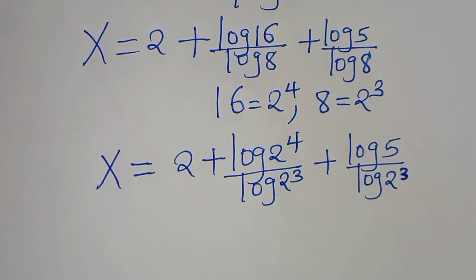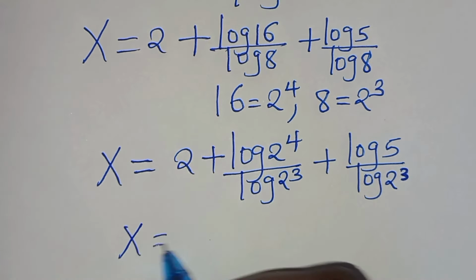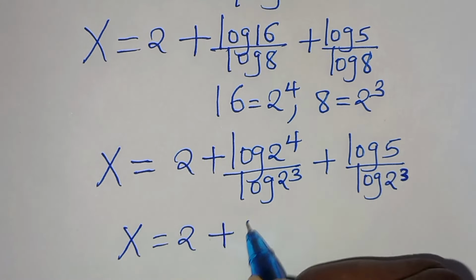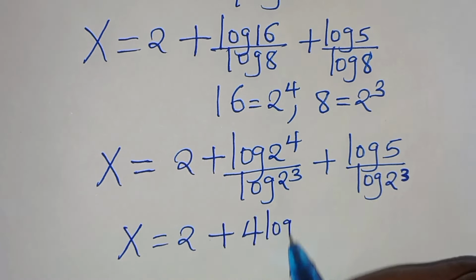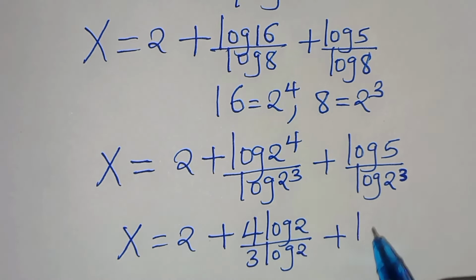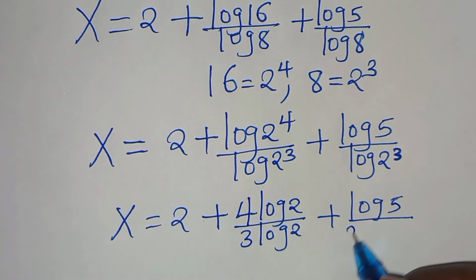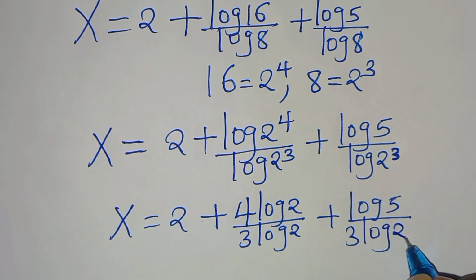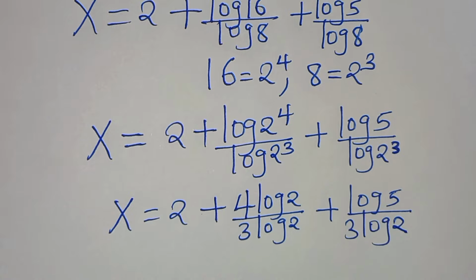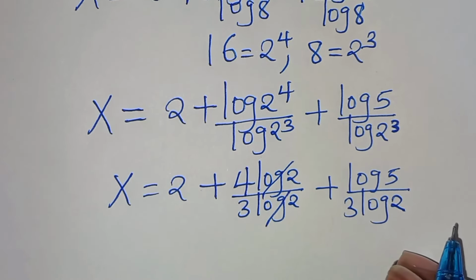Now, applying the power rule property again here, then we can express x as 2 plus, now here we have 4 log 2 divided by 3 log 2, then plus log 5 divided by 3 log 2. So the next step from here is to simplify. This is log 2 and log 2 simplifies.